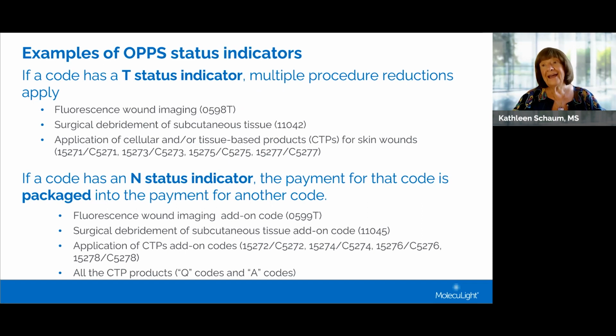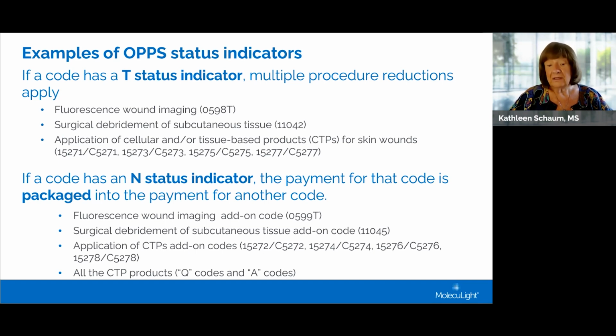So by now, you probably want to know some examples of OPPS status indicators assigned to common procedures performed in HOPDs. At the top of the slide are a few examples of the many procedures that are assigned T status indicators. Of course, the first one we've talked about is the fluorescence wound imaging 0598T.